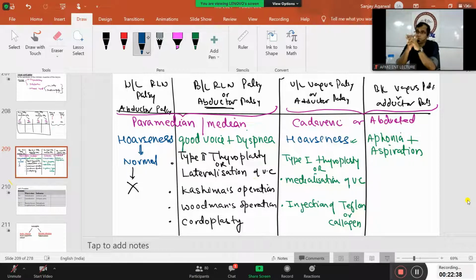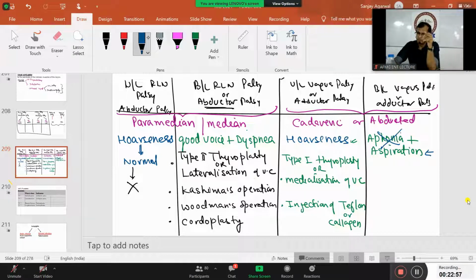And then we talk about the last option, which is aphonia and aspiration. Now, aphonia cannot be treated. The patient has to live with this. But if you don't treat aspiration, you have to do something, isn't it?